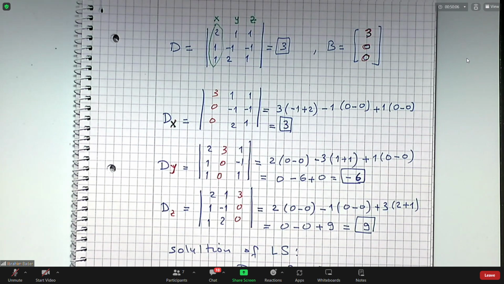Okay, so is this here? It's not working. I have a problem with the mouse.